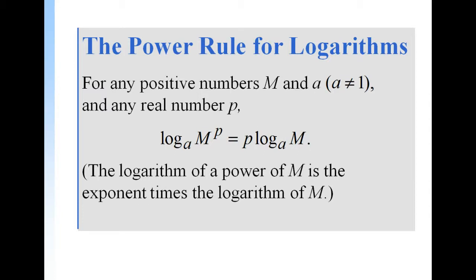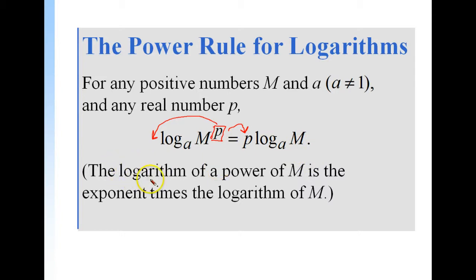Well, the key here is we will then take our p and move it to the front of our log expression. And that's what they've done. They've moved the p to the front.